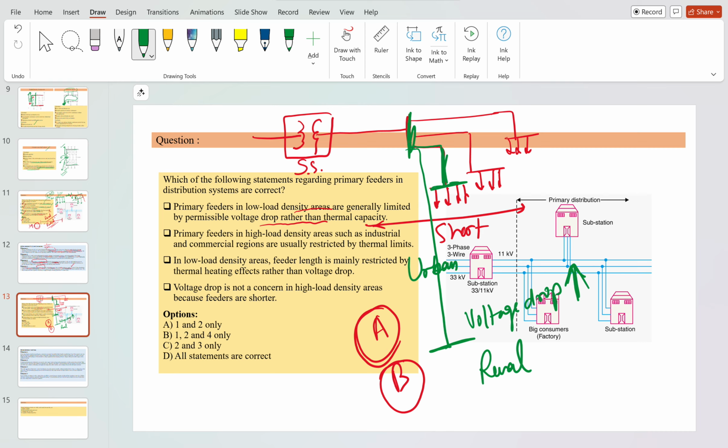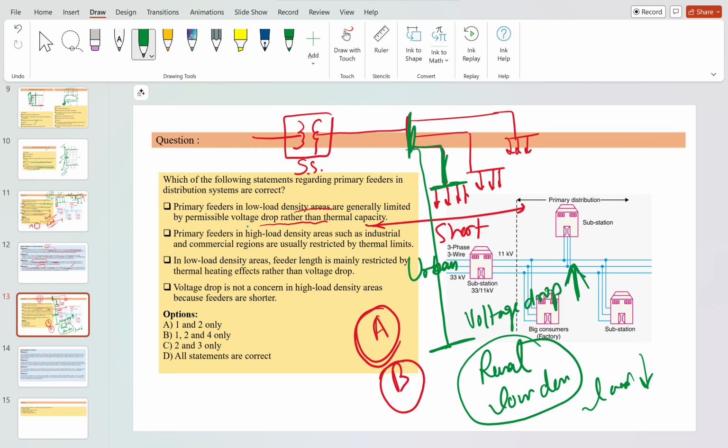That's why in low density areas, that is, rural areas basically, voltage drop is considered the primary factor in primary feeders rather than thermal capacity. So the first option is saying that in low load density areas the load requirement is less, and in urban areas the load requirement is very, very high.